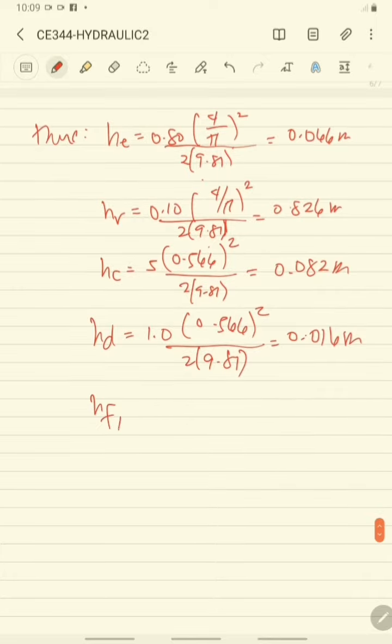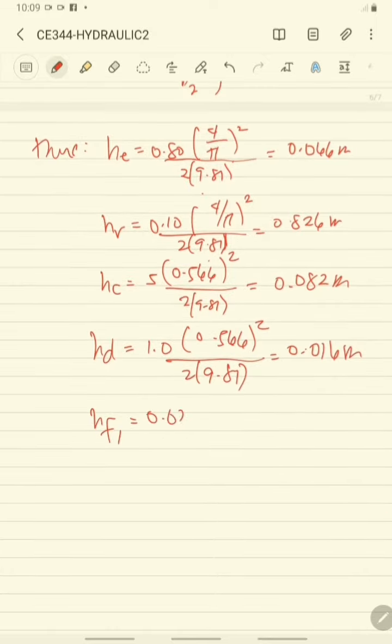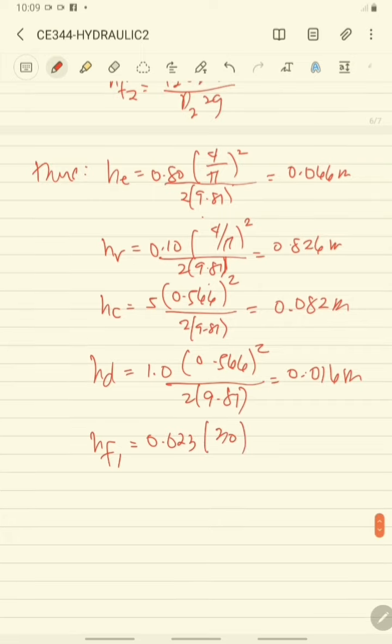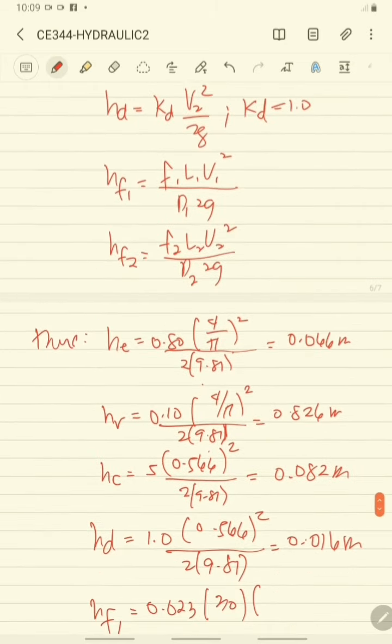Then you have HF1, you have 0.023 times 30, F L V squared, so you have 4 over pi squared.